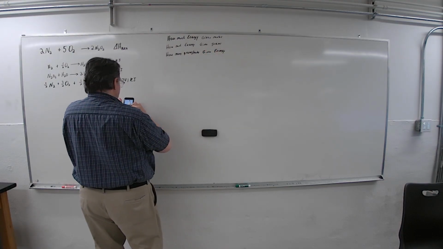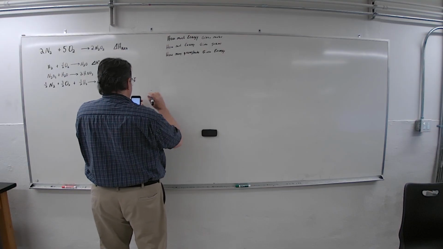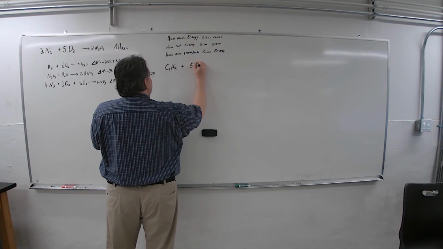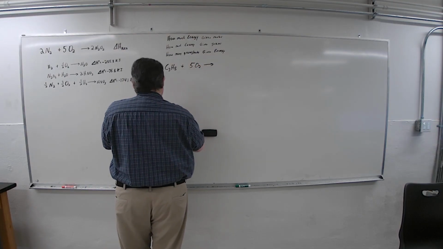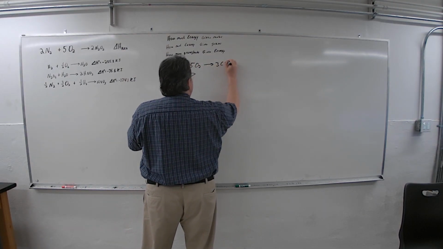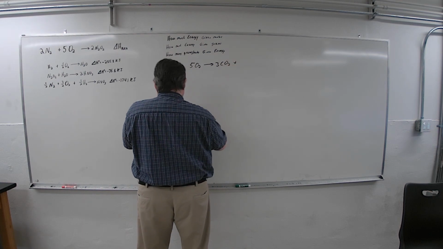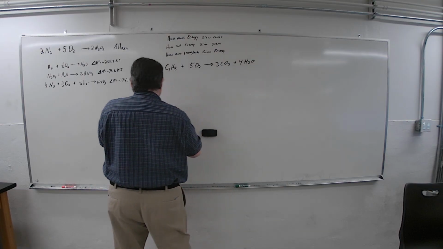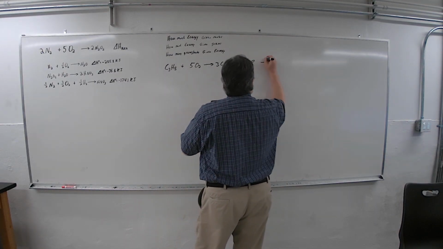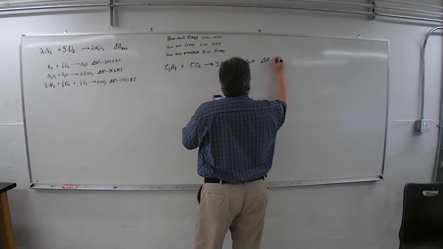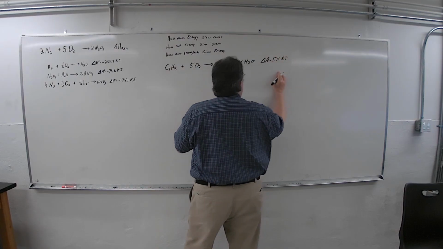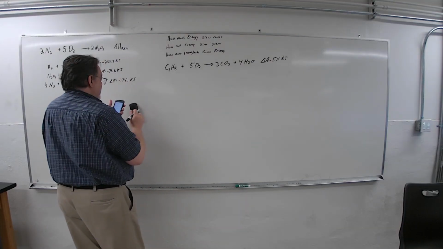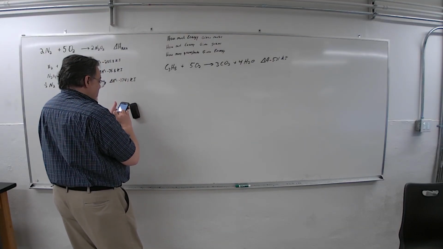So number 5 here is the reaction C3H8 plus 5O2 gives 3CO2 plus 4H2O. There's the reaction, and it tells you delta H is negative 531 kilojoules. So we know energy is released, aka we know that it's exothermic.